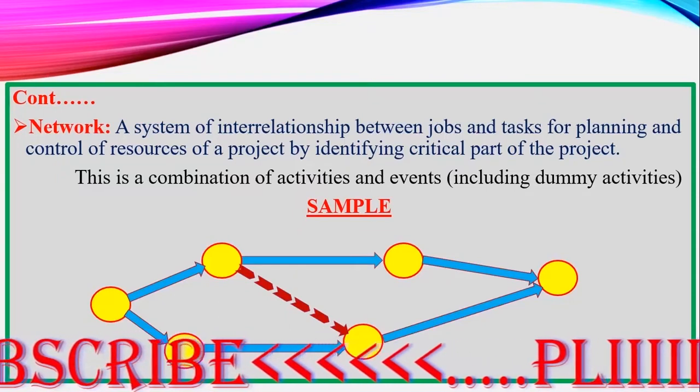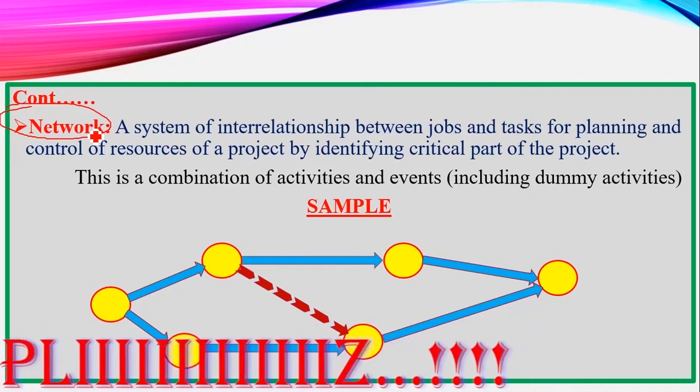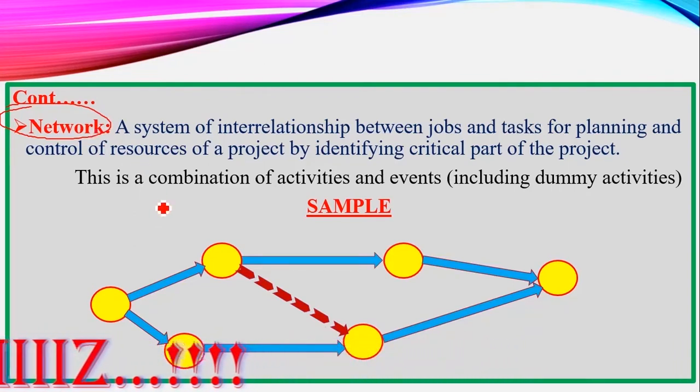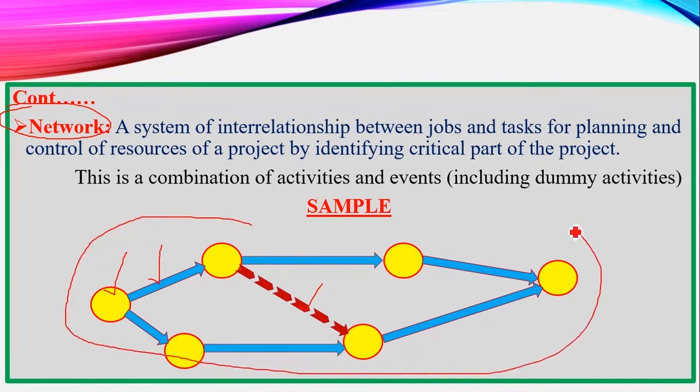Having understood that, it is time now we explain what a network is. Now, a network is simply a combination of the 3 items that we have mentioned. When you combine an event, an activity, and a dummy activity in form of a network, we create a structure that we are calling a network. And this is an example of a network where this is an activity, this is an activity, this is an activity, another one there, and the circles represent the events or the nodes.